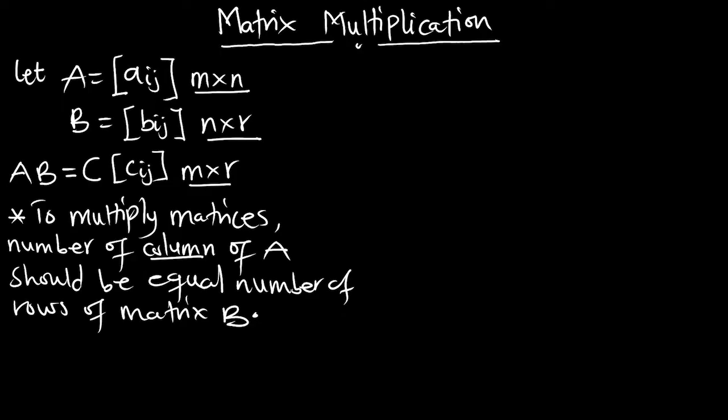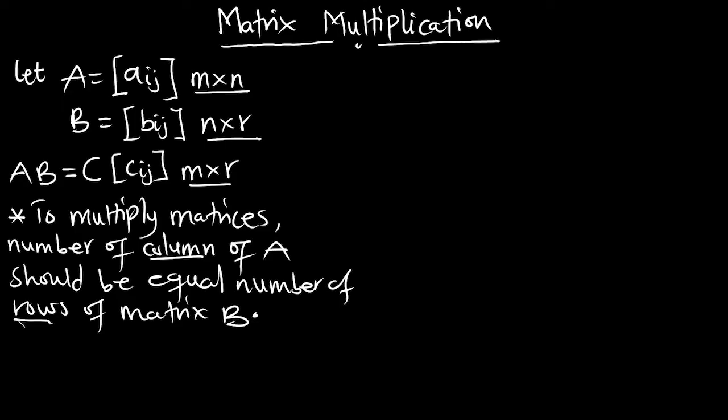The number of columns of matrix A, meaning the first matrix in the multiplication order, should be equal to the number of rows of matrix B, meaning the second matrix.